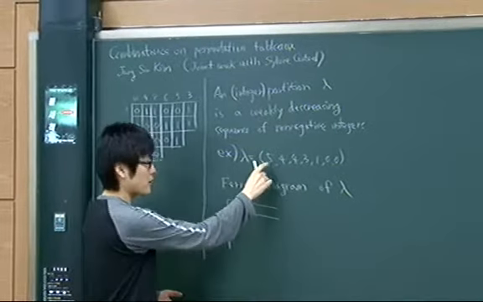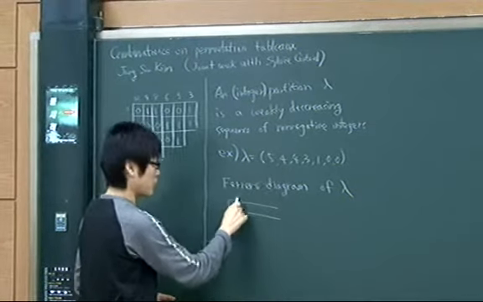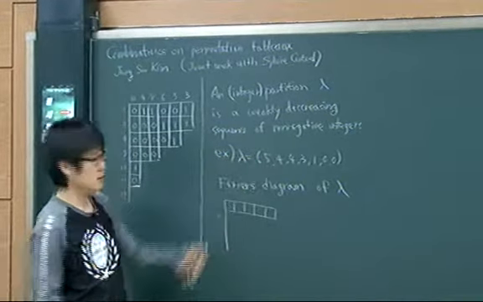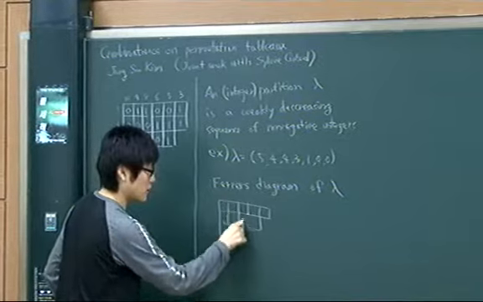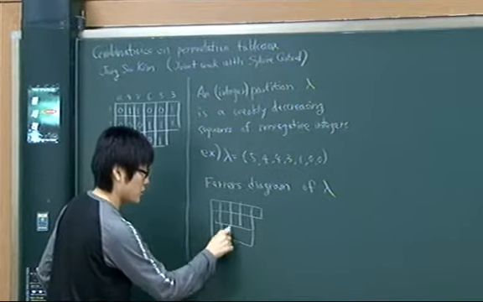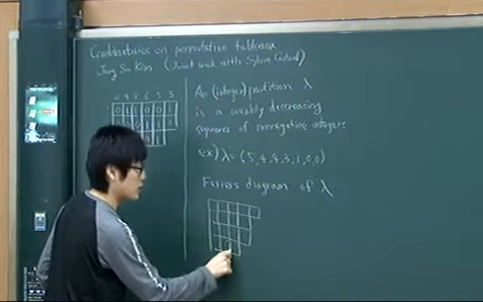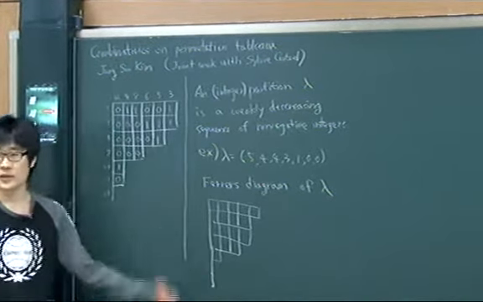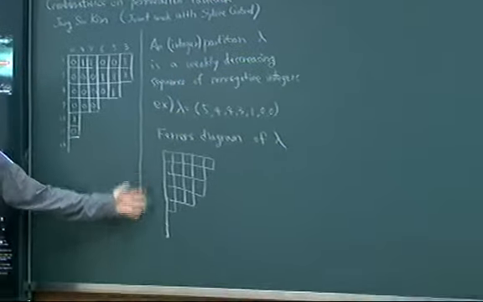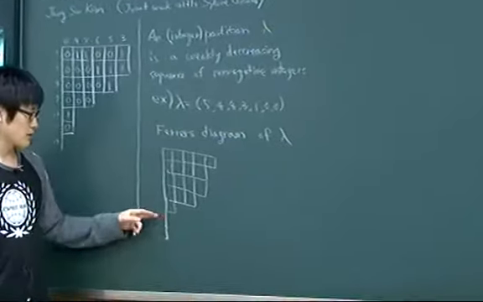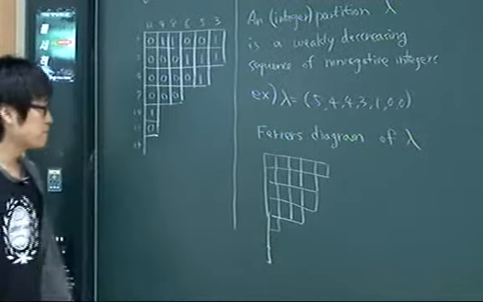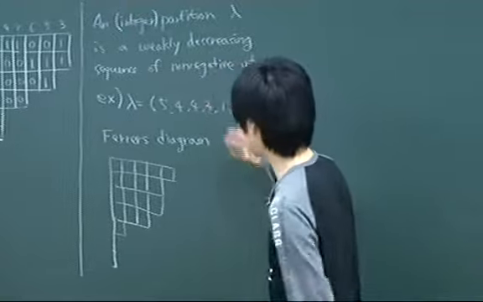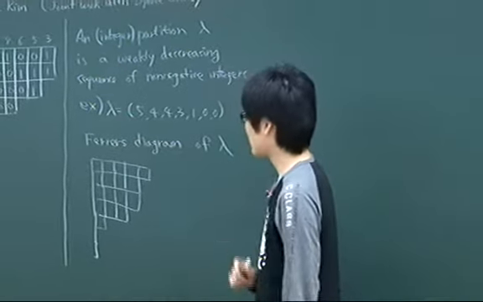In each row we have 5 squares corresponding to this number, and 4, 3, 1, and 0, 0. So in this Ferrers diagram, we may have empty rows. I will sometimes identify an integer partition with its Ferrers diagram.